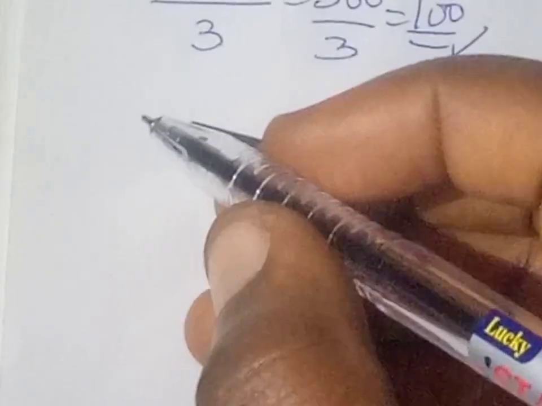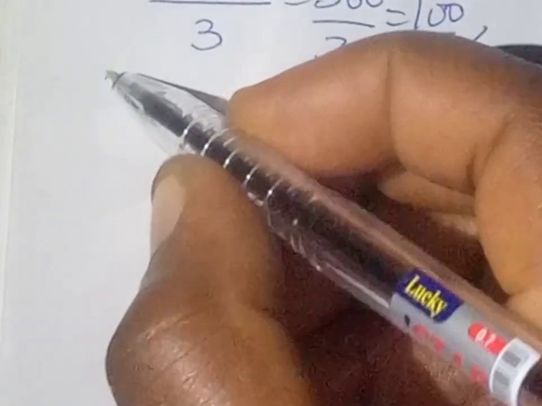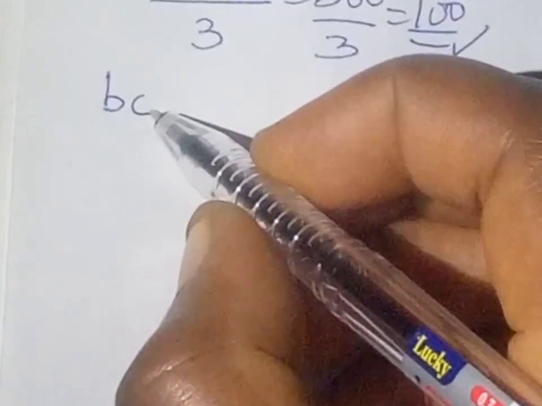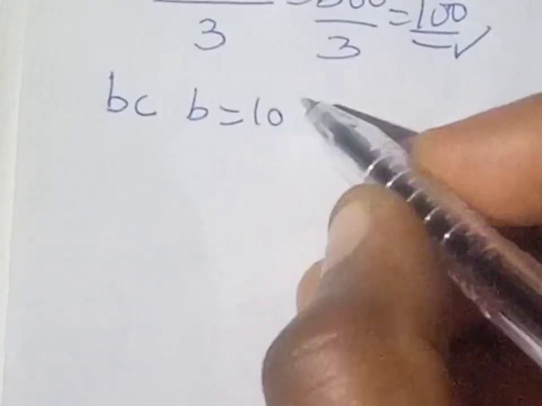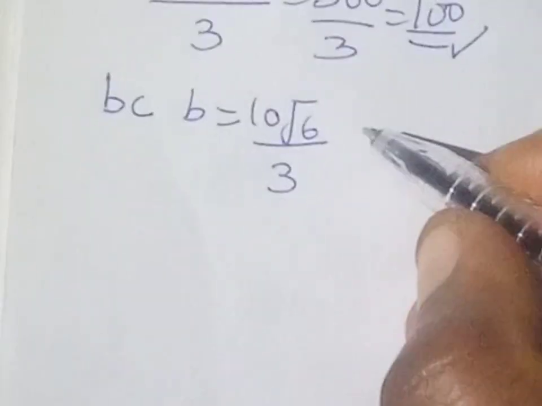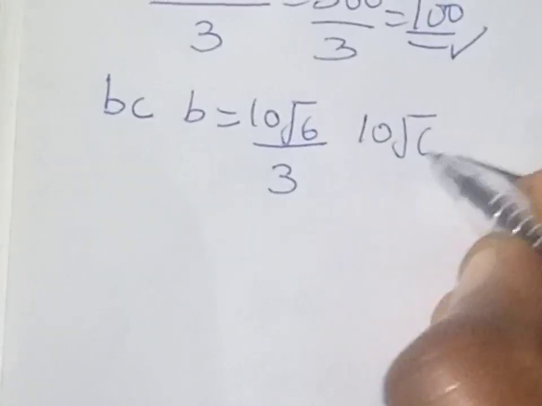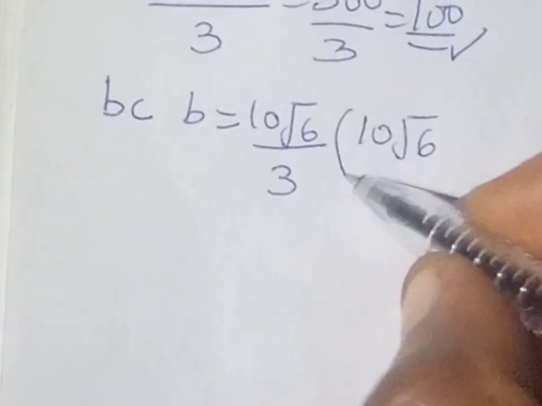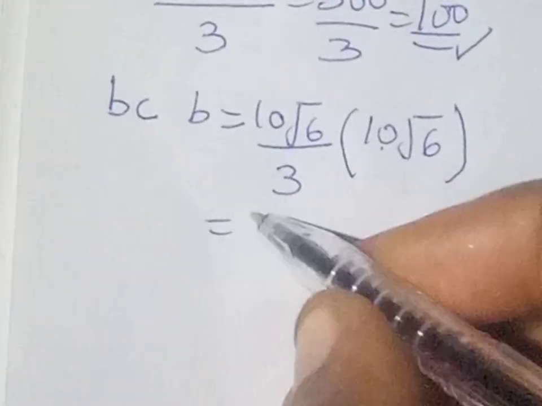Now let's check that of BC. BC, where B equals 10 root 6 divided by 3 and C equals 10 root 6. By the time you multiply the two together, 10 times 10 will give us 100.